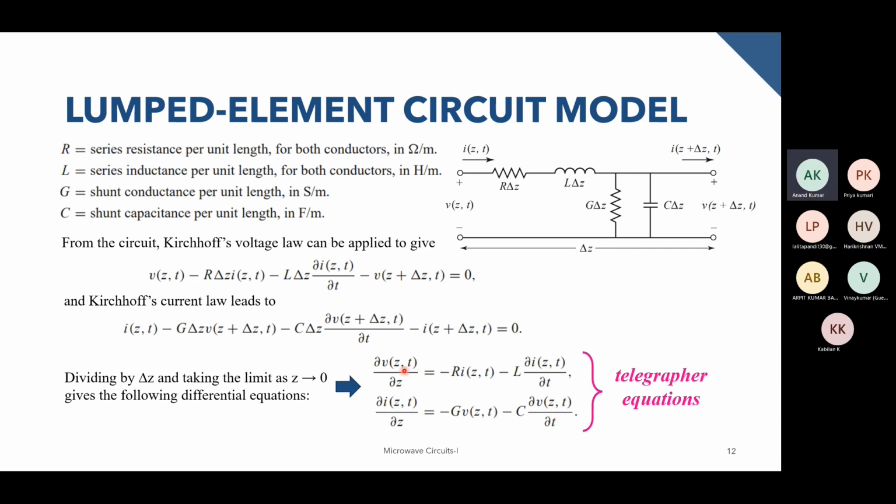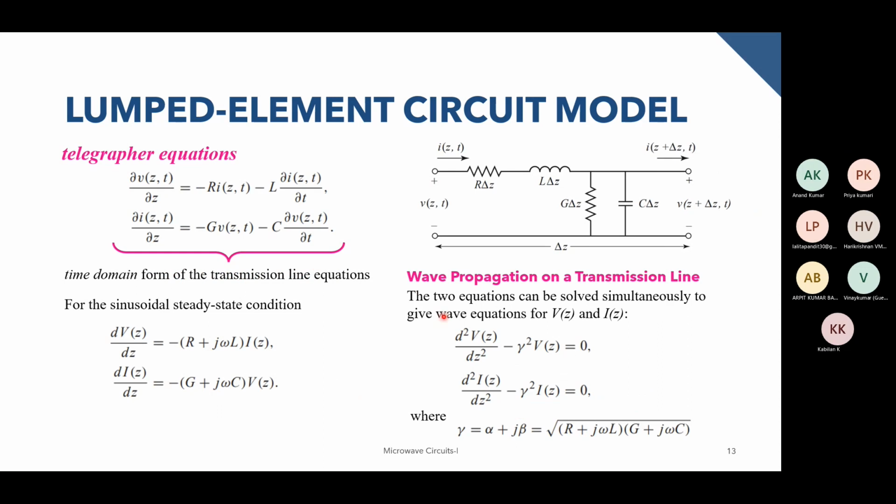It basically gives the relationship between the voltage and current across the transmission line in terms of R, L, G, and C. Now, this telegrapher's equation was in time domain, and if we had a sinusoidal steady state, we could write it in frequency domain, and this is how it looks.